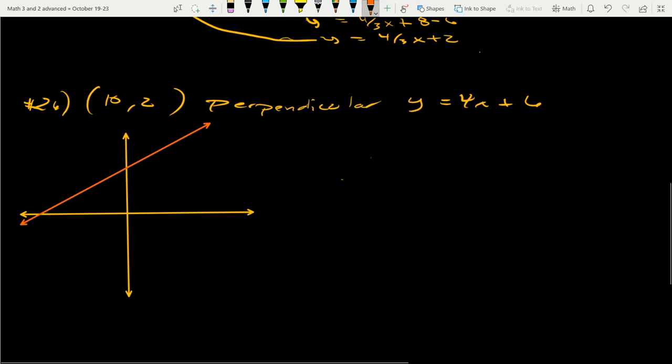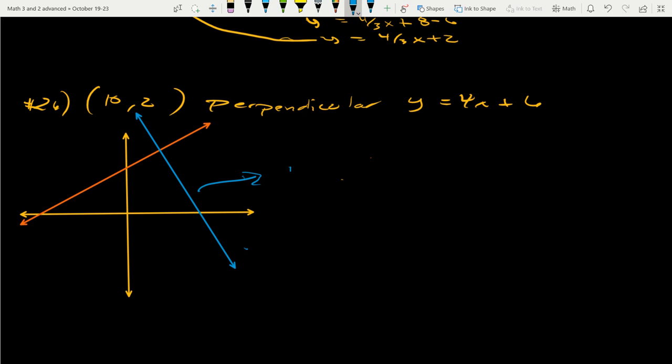And then we take an equation, and we're going to go through 10 and 2. So 10 and 2 is way up here. So we're saying that a perpendicular line looks like that. And that is the one we need to write an equation for.